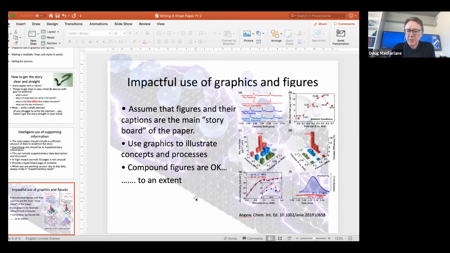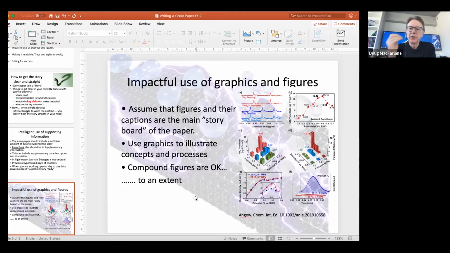Let me just go back to the middle point there, which is that graphics, graphical processes and concepts are very, very good. I think every paper, it's almost like what we started off some years ago putting into the table of contents, graphics are becoming an important part of a paper to tell the story of our concept or our hypothesis.